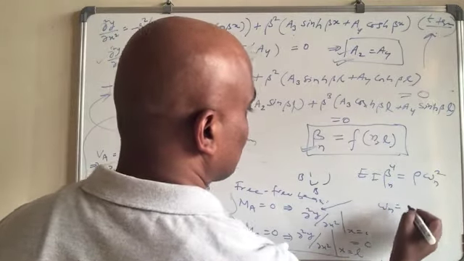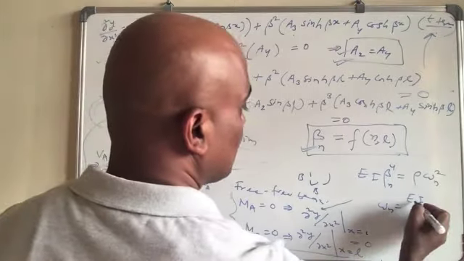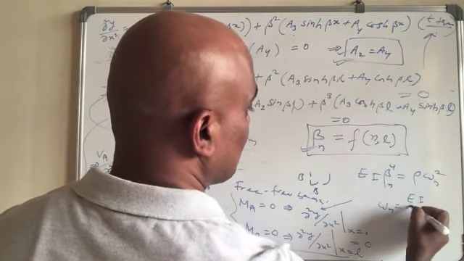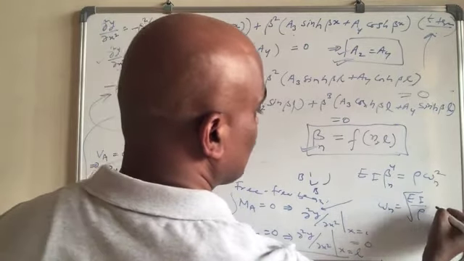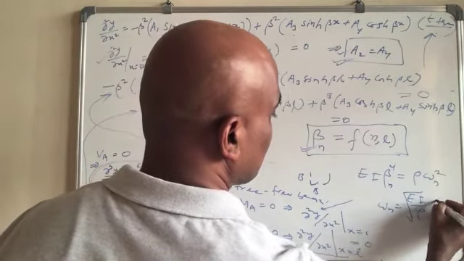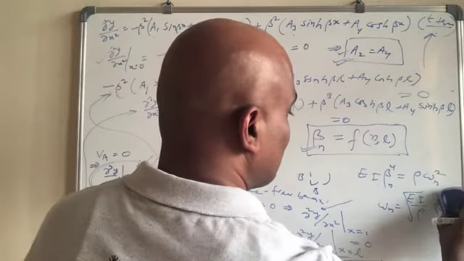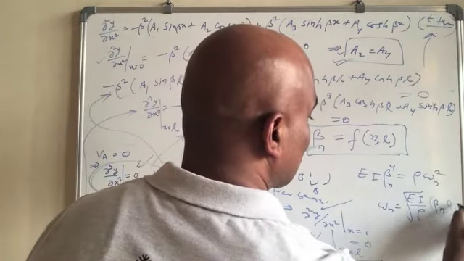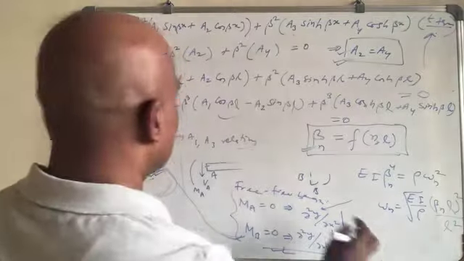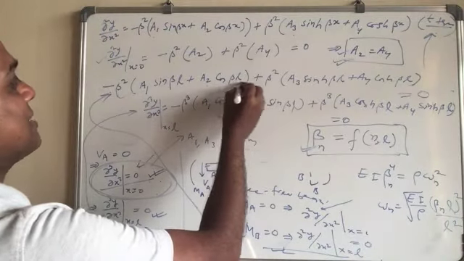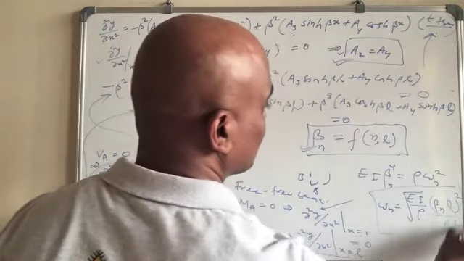So omega n becomes root of EI over rho, and then you have beta n square, or you can write it as beta n times L square divided by L square, like this. Yeah, because you get beta times L values from here. So you will put the value here like this.